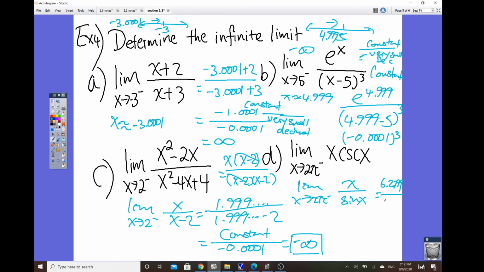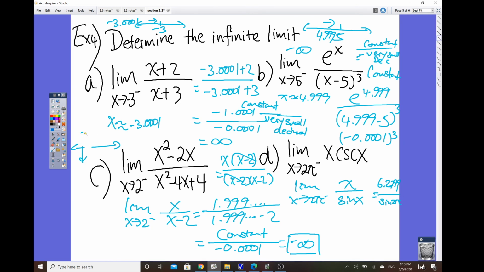And now what about sine of 2 pi? If you want to find out exactly what that is, well, sine of 2 pi would be 0. The sine curve is just like a roller coaster. Okay, wait a minute.